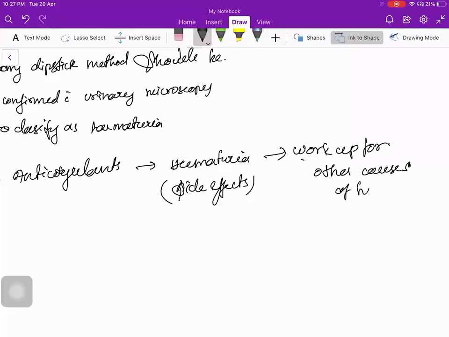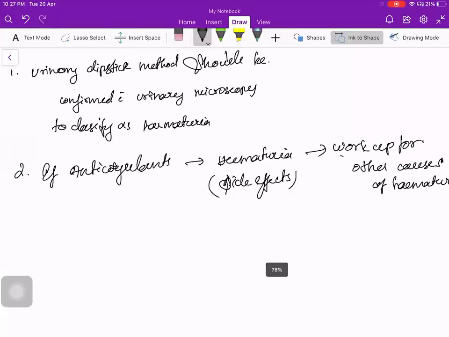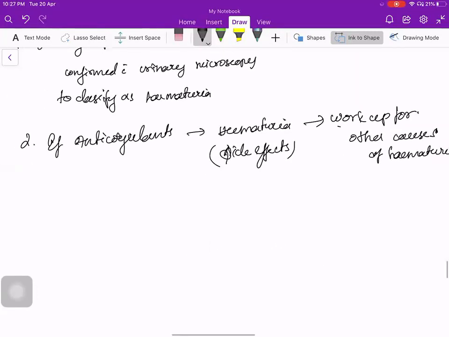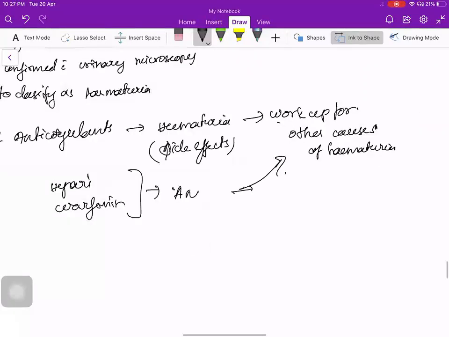That is important. Many times in our ward some patients will be taking heparin or warfarin, so we usually classify the patient's hematuria as due to anticoagulant.